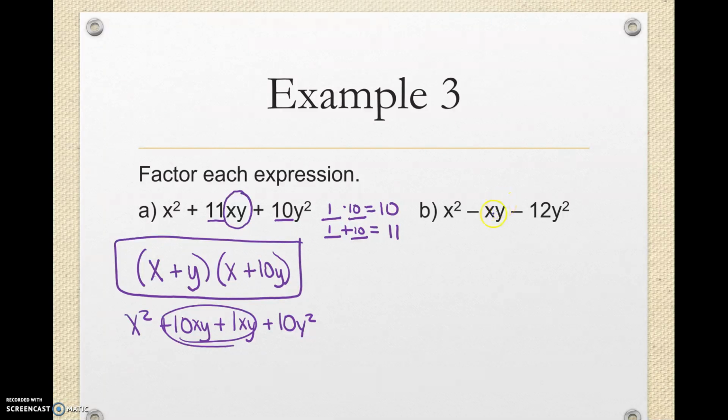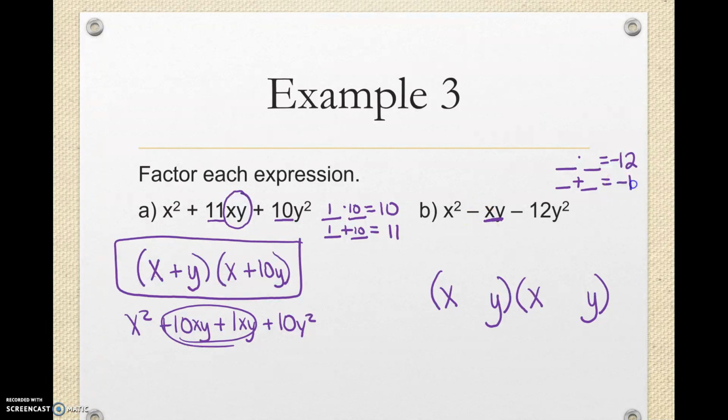So when you see an xy in the middle, that just means that in your factored form, there's going to be x's here and there's going to be y's at the end of the binomials, and then whatever numbers you come up with just go in front of the y's. So here we're looking for two numbers that multiply to give us negative 12 and add up to what numbers in the middle?